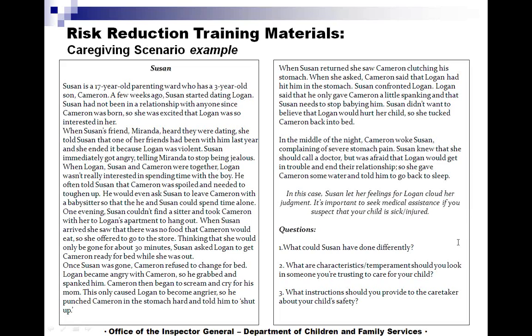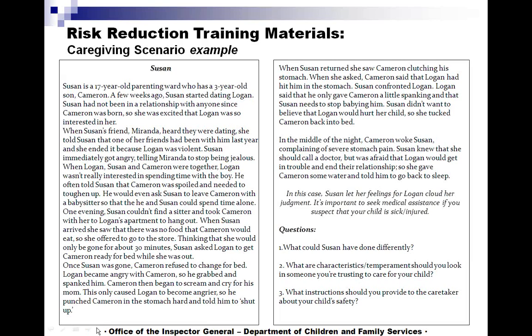And when she comes home, her son tells her that he had been punched in the stomach, and she really doesn't want to believe that he would hurt the child, and she ends up putting him to bed. The child gets up later in the night, is complaining of severe stomach pain, and she is really too afraid. She knows she needs to take him to the doctor, but she's too afraid because she's afraid that it may jeopardize her relationship with her boyfriend.